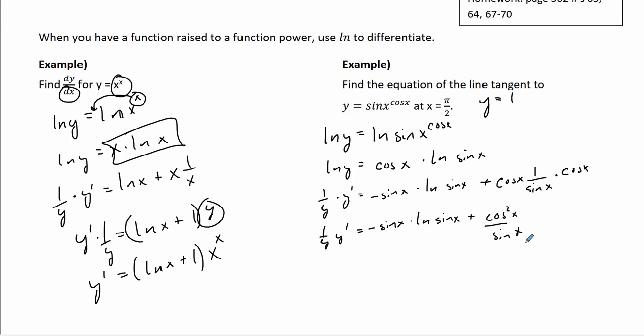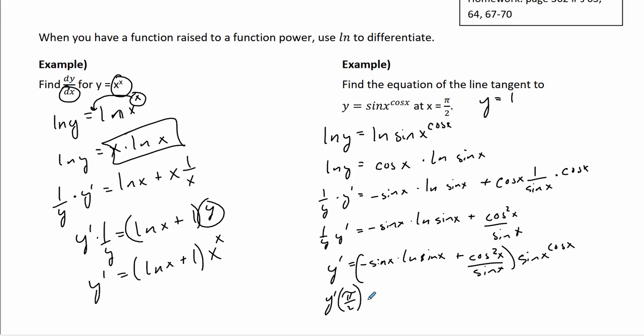Okay, then this is going to be fun. I'm going to solve now, multiply both sides by y, so I get y prime equals negative sine x times the ln of sine x plus cosine squared of x over sine x, and all of this is being multiplied by the y function, which is sine x to the cosine x. And I want to find that value at pi over 2.